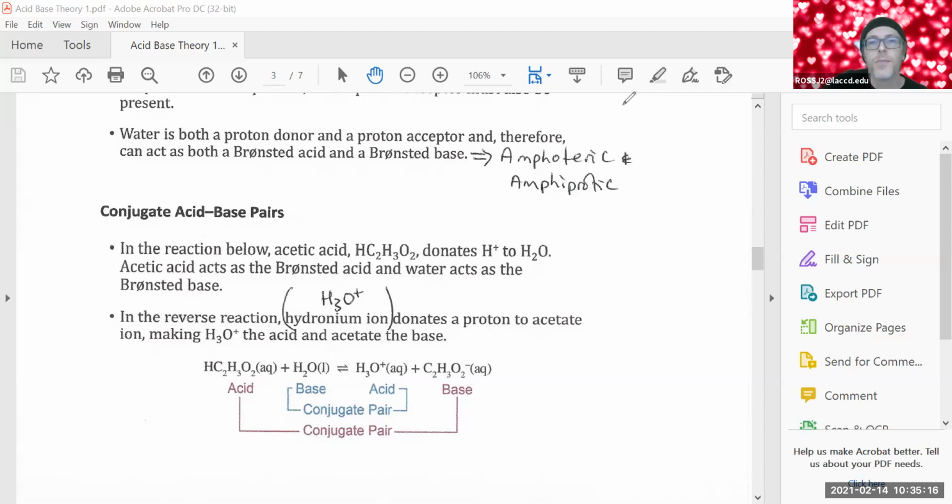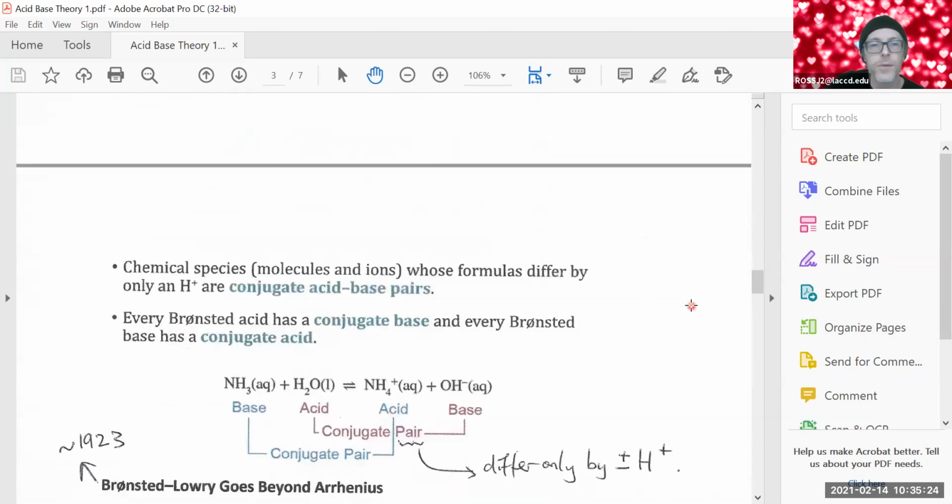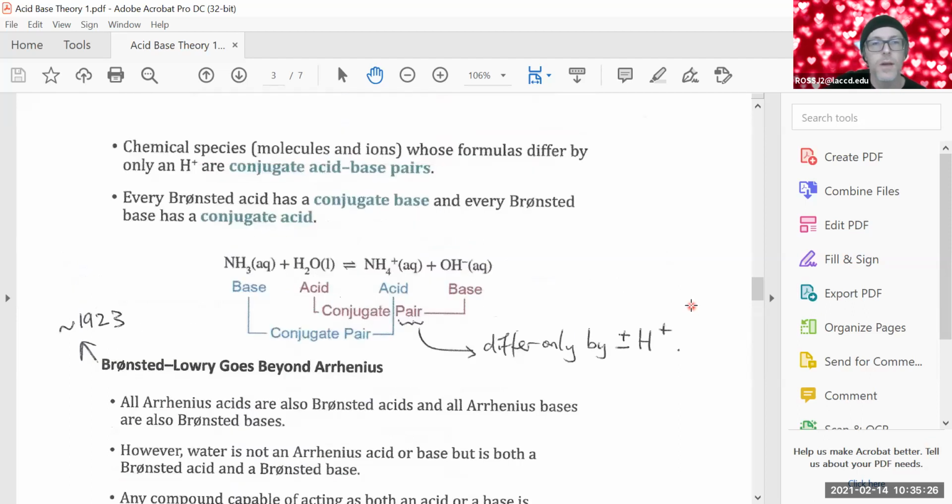Okay. So let us scroll. Okay. So yes, I've annotated here what I meant by pair. A pair differs only by plus or minus a proton. So we have to be careful about that.